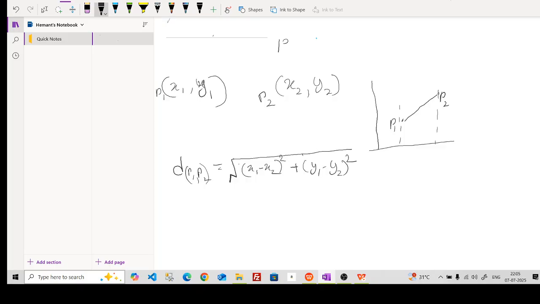By this we calculate the distance between the point p1 and the point p2. So we apply this formula.